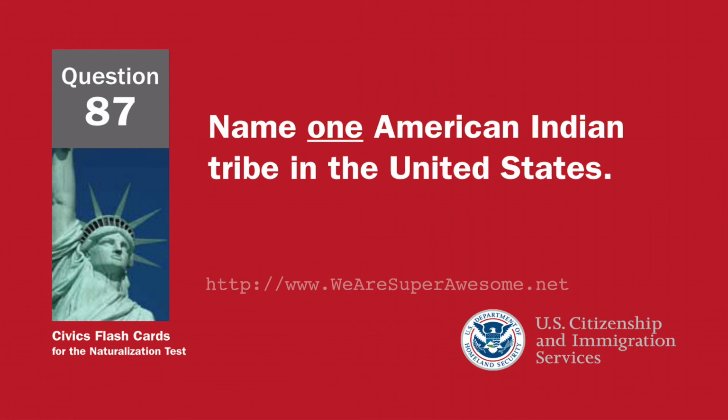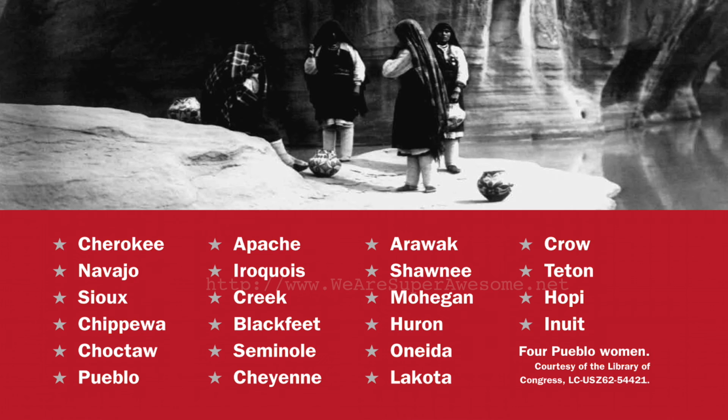Name one American Indian tribe in the United States. Cherokee. Navajo. Sioux. Chippewa. Choctaw. Pueblo. Apache. Iroquois. Creek.